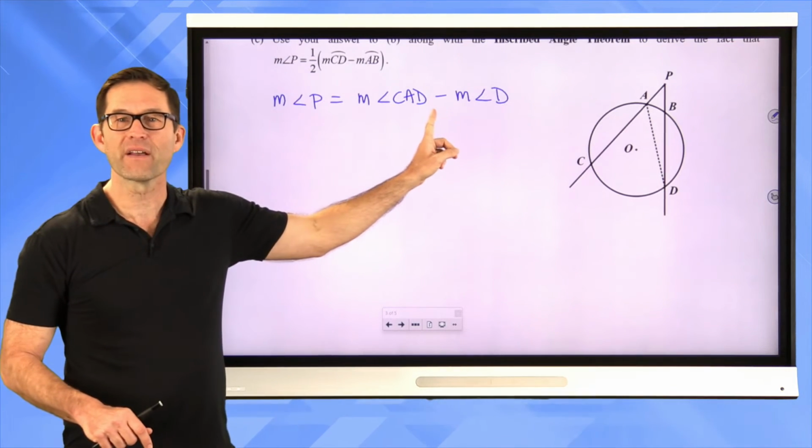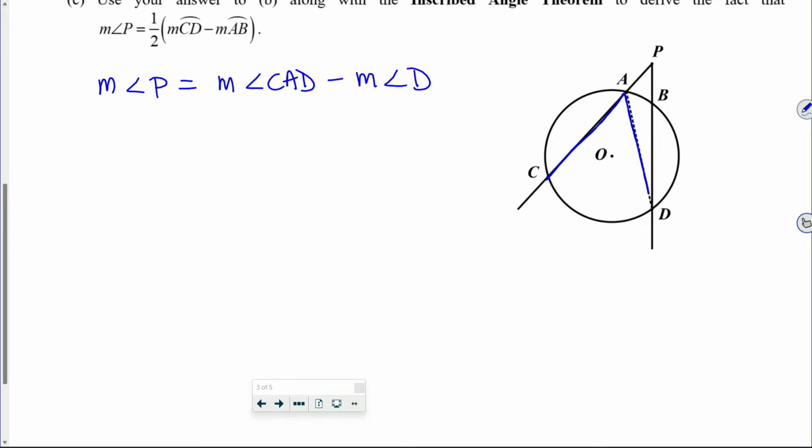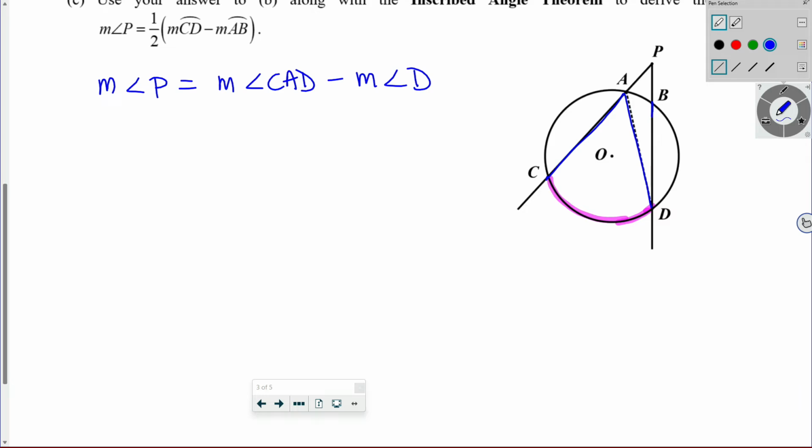The measure of angle CAD is that angle, and that's of course an inscribed angle, and the arc that it intercepts is that arc. Likewise, this measure of angle D is this angle, and that is going to intercept that arc.